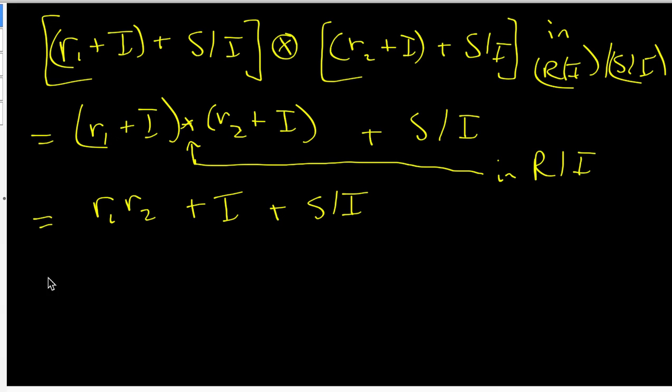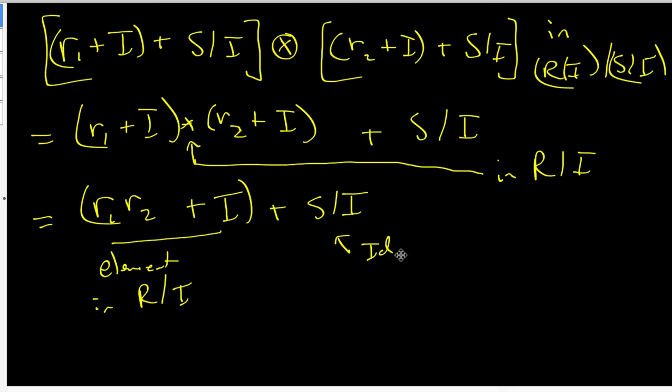And so what we have is that the product of these two cosets is going to be r1 times r2 plus I plus the ideal S mod I. So this stuff here is the element in R mod I, and this is the ideal that we are modding out by.